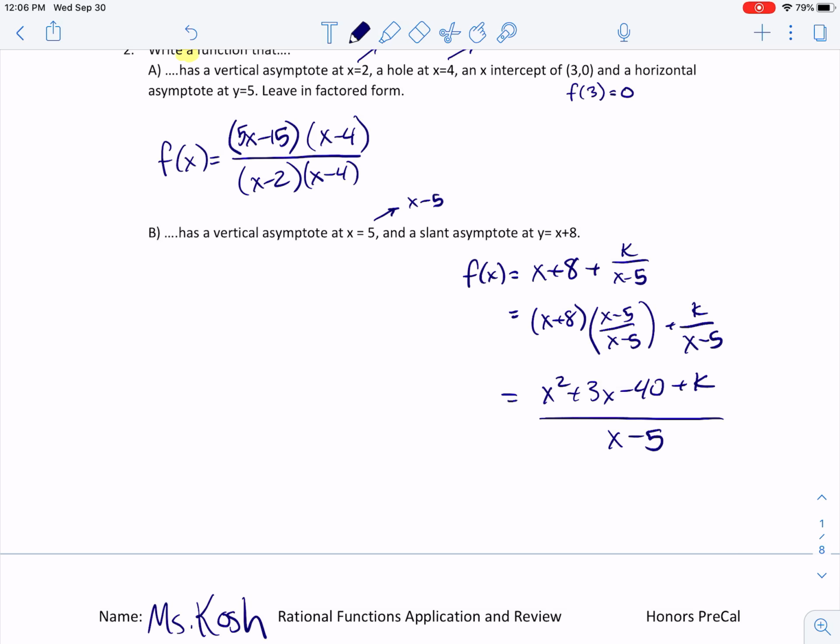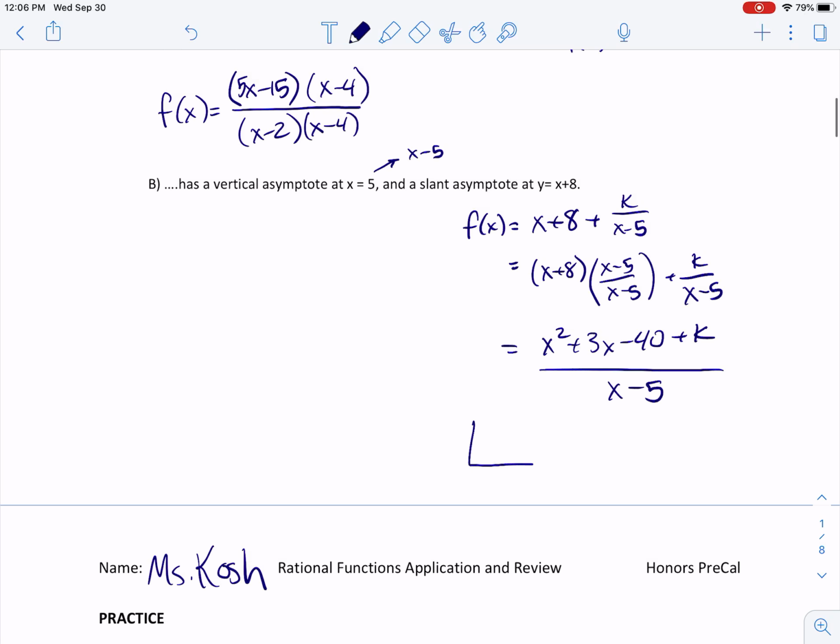And as long as k is not 0, if k is 0, then we don't have an asymptote, we have a hole. Because if k is 0 and I divide 1, 3, negative 40 by 5, this divides perfectly, and so x minus 5 cancels from the top and the bottom, leaving me with a hole, and I don't want that.